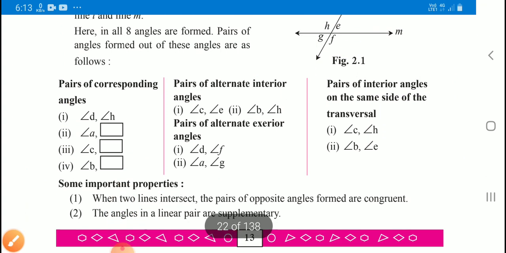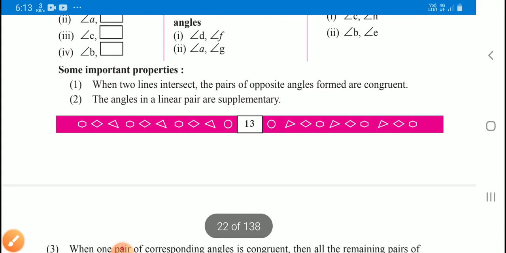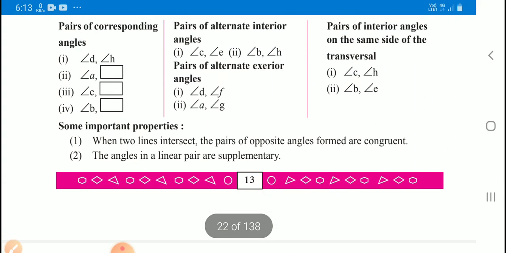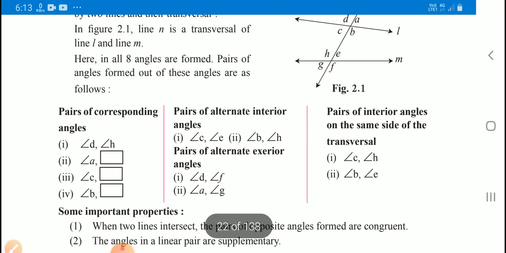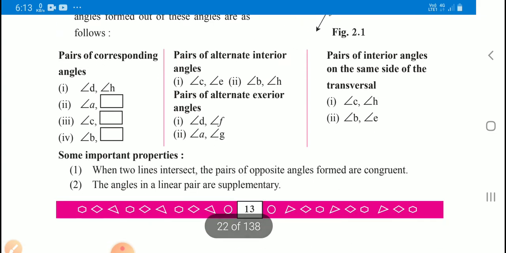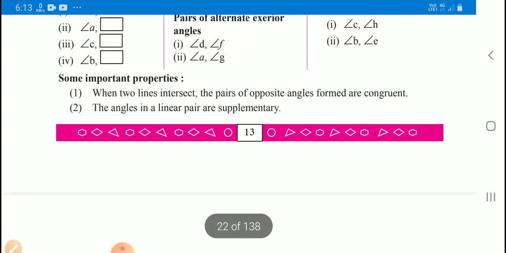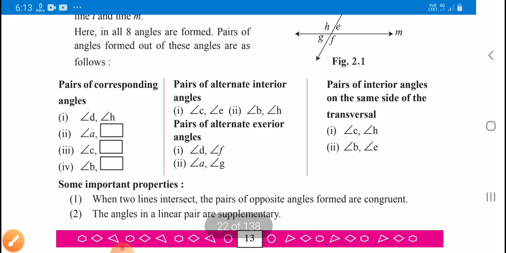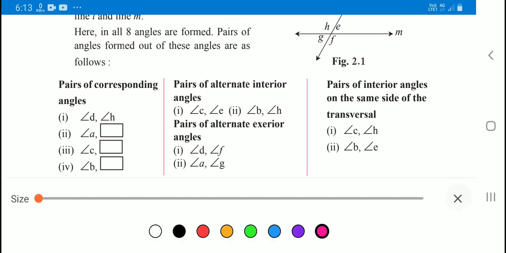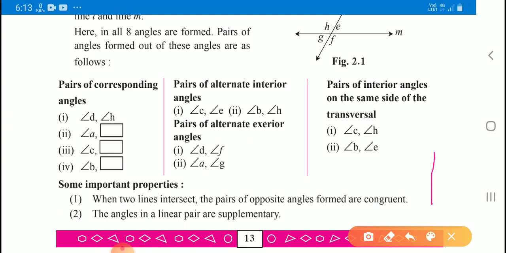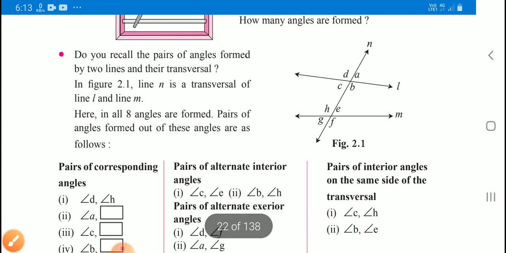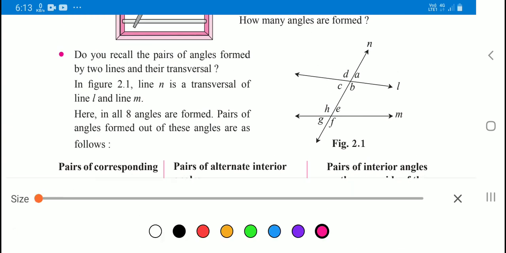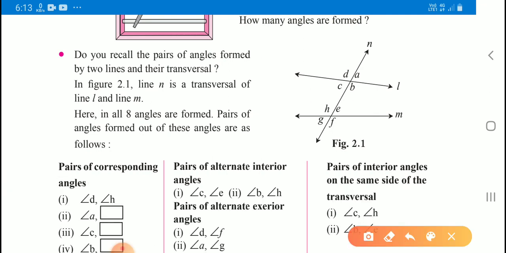Now we will go to the next point, some important properties. The same thing they have repeated here as properties. When two lines intersect, the pairs of opposite angles formed are congruent. Now look here, I will show you in this figure the pairs of opposite angles. Which are the pairs of opposite angles?